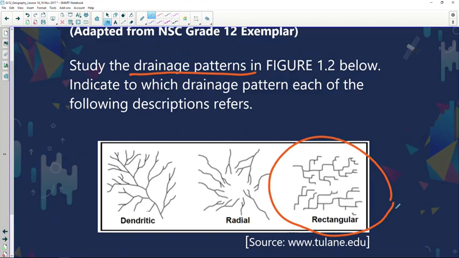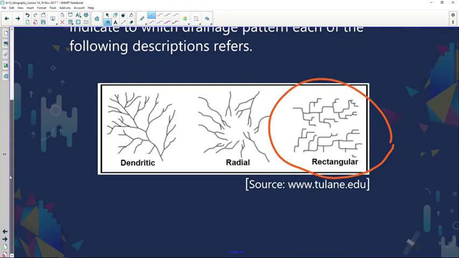Now, indicate to which drainage pattern each of the following descriptions refers. Dendritic, if you can remember, resembles the branches of a tree. Radial is from a high-lying area flowing downwards from a central point. And rectangular, they join at right angles, 90 degrees.